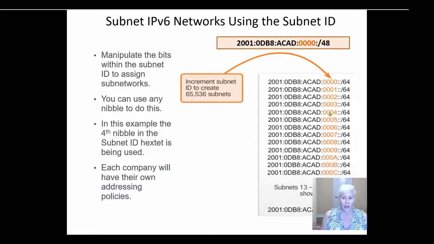I could also have used the first nibble, 1000, 2000, 3000, 4000. I can really do whatever I want. And notice through here, if I were to go all the way to the bottom and use every single combination, the last one would be FFFF. This is what makes subnetting so easy with IPv6.